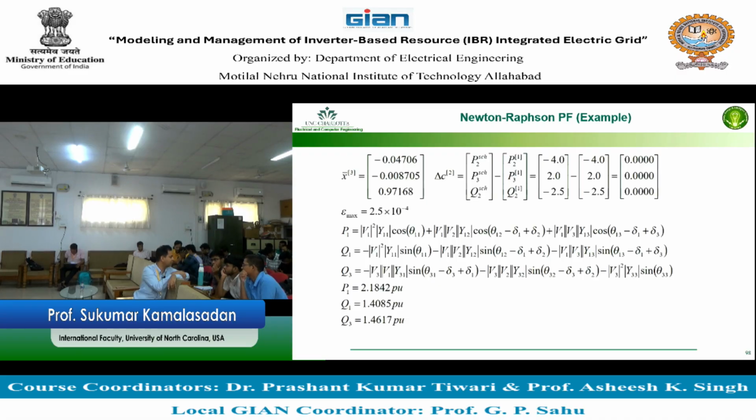Then there is no power coming. That's a good model. So your PG has to be minimized. Means P load plus P EV charging minus P DER minus P battery, all that should be equal to 0.